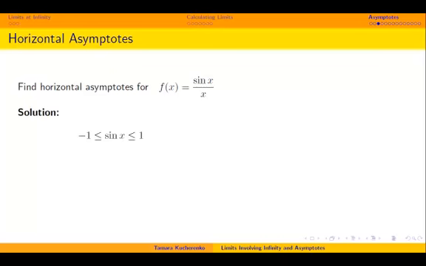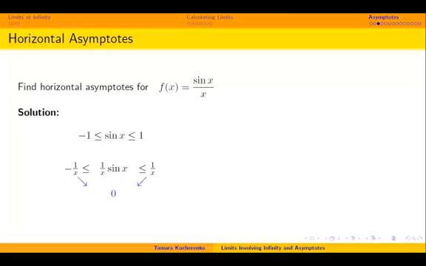For any x, sine x is between -1 and 1. Let's consider positive x first. Then we can multiply this inequality by 1 over x. When x approaches positive infinity, 1 over x tends to 0.